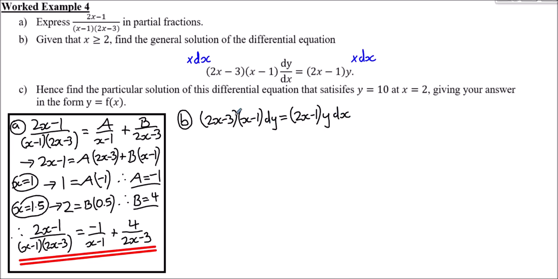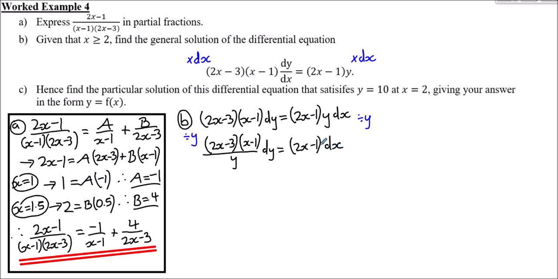The aim, of course, is to have everything to do with y on this side, everything to do with x over here. So I've got a y here which I don't want. I want x stuff on this side, y stuff over there. So next I'm going to divide both sides by y, which will then give 2x minus 3, x minus 1 all over y, dy, equals 2x minus 1 dx.